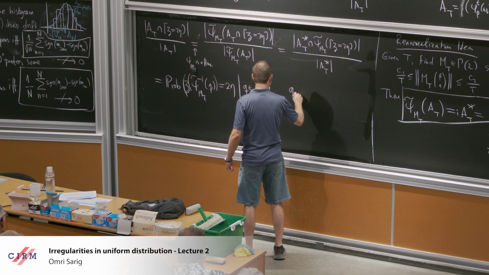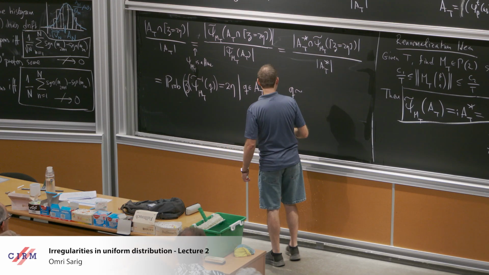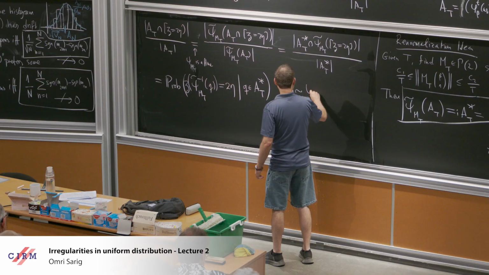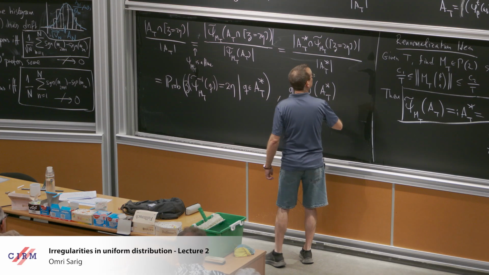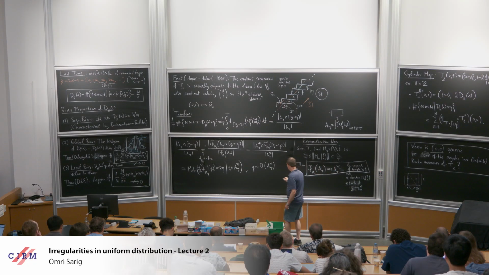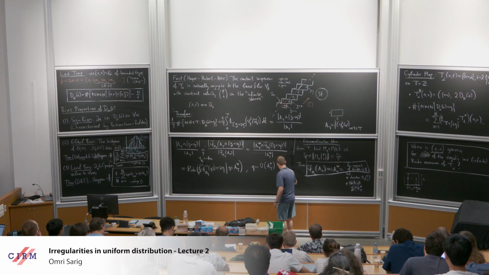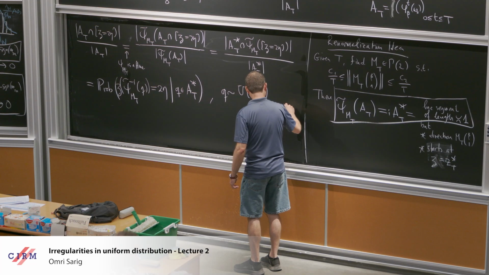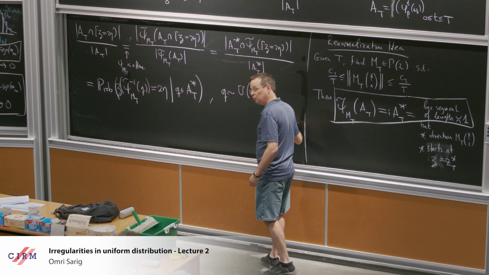And what I'm thinking now is that I take a point on A_T star which is random but uniform. So I choose a point q randomly uniformly on my A_T star.